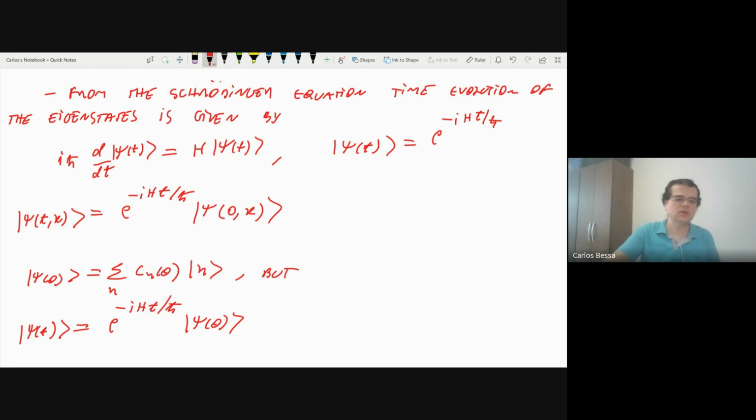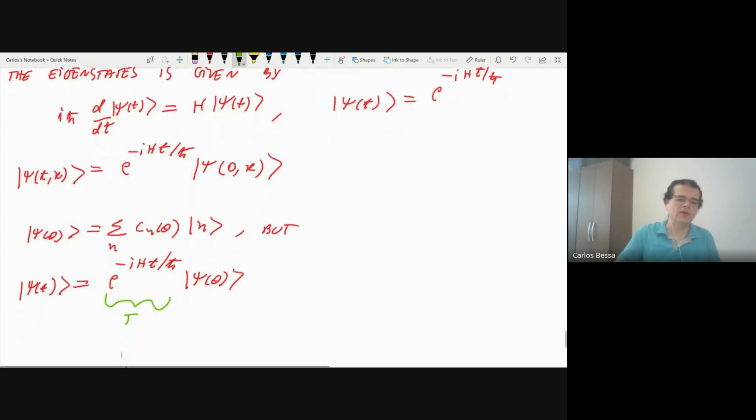And this guy here is just the time evolution operator, okay, this is T, which is unitary. So to perform quantum computation, you need unitary operations, right? So this is what you can choose, at least for this example. So time evolution operator, which is unitary.